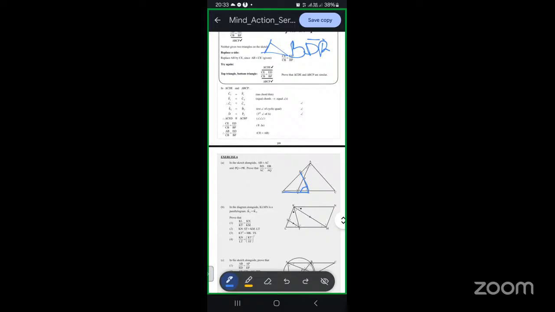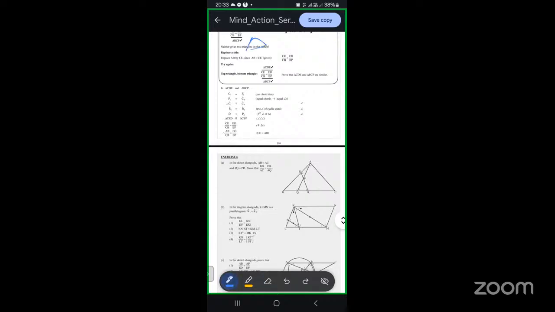Okay, let me just quickly write these triangles of yours here. You said you want to prove which triangles are similar? My main ones that I want to prove is BDR is similar to QPR. Can I please write them down?